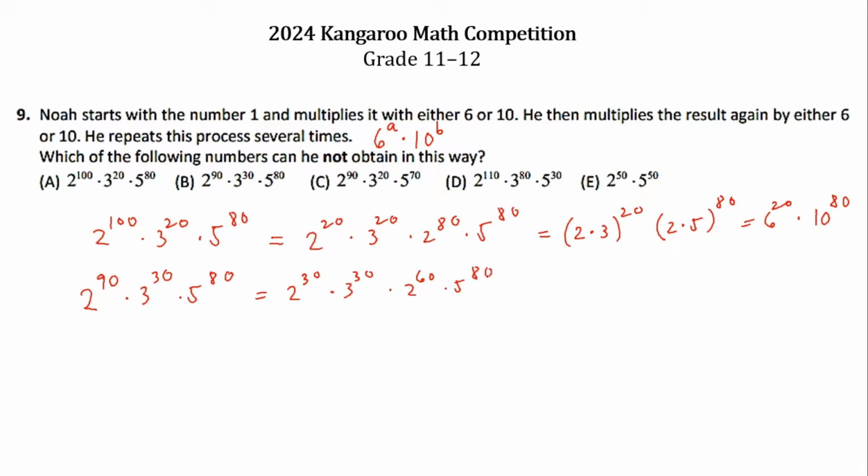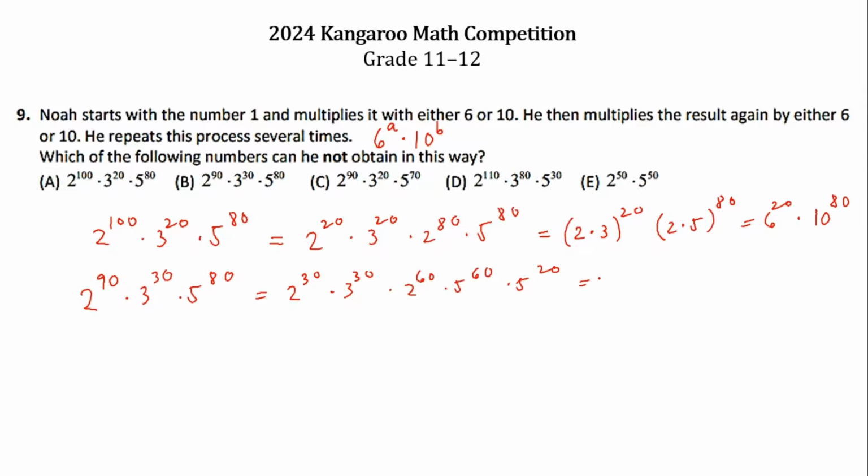And then I'll split 5 raised to 80 into 5 raised to 60 and 5 raised to 20.